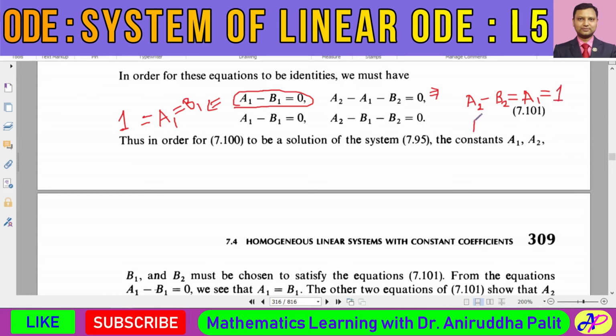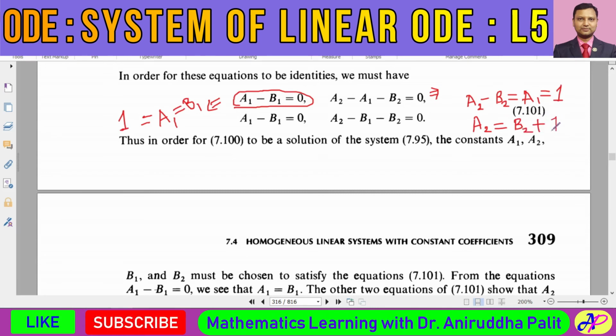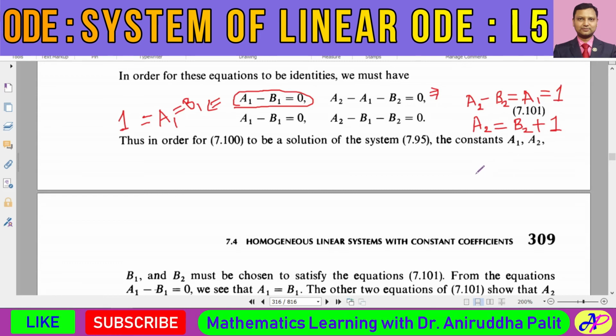Or in other words, we can say that A2 would be equal to this B2 plus 1. Got it? So again, the question of choice of A2 and B2 comes to our mind. How to choose the value of A2 and B2?